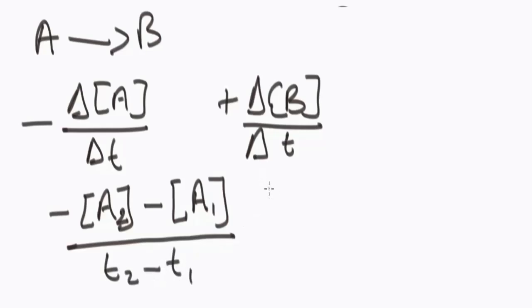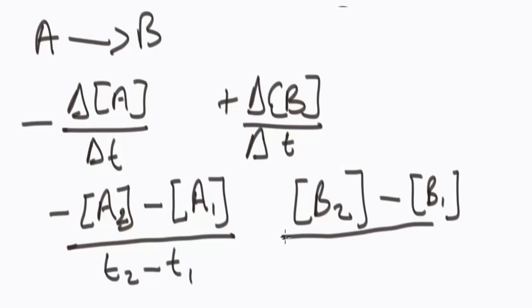Whereas for the product B, it should be final minus initial over T2 minus T1.